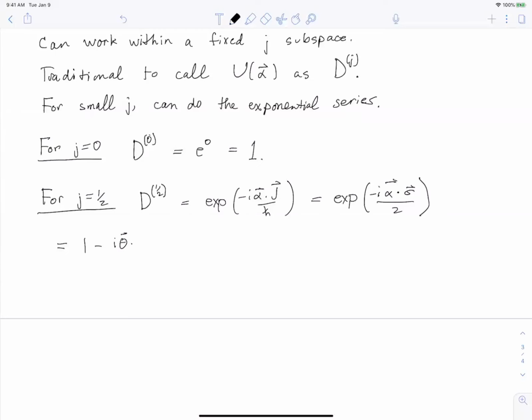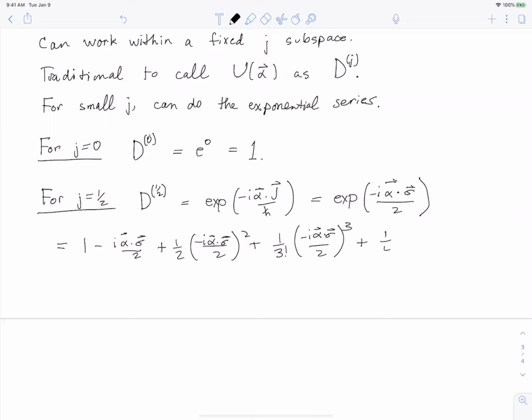So it's alpha dot sigma over 2, plus 1 over 2 factorial minus i alpha dot sigma over 2 squared, plus 1 over 3 factorial minus i alpha dot sigma over 2 cubed, plus 1 over 4 factorial minus i alpha dot sigma over 2 to the 4th, going on forever and ever.